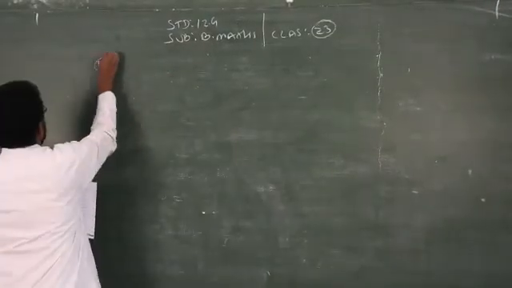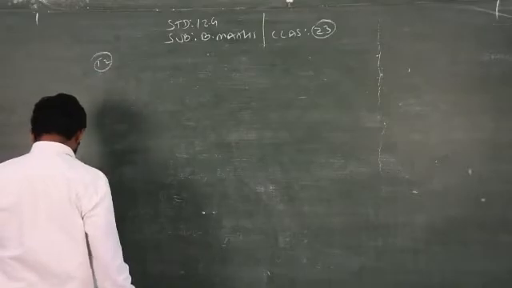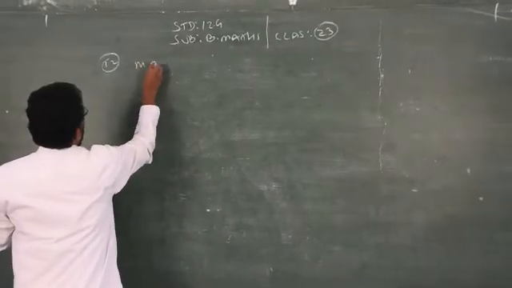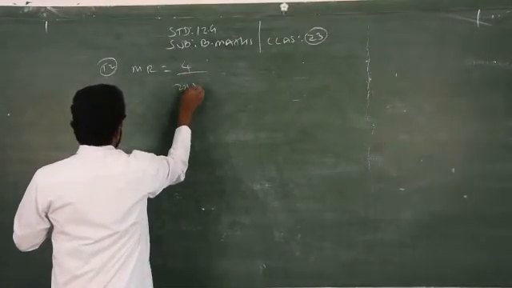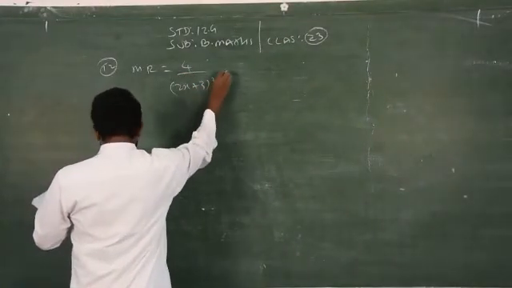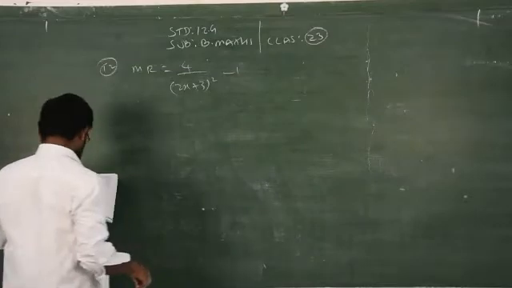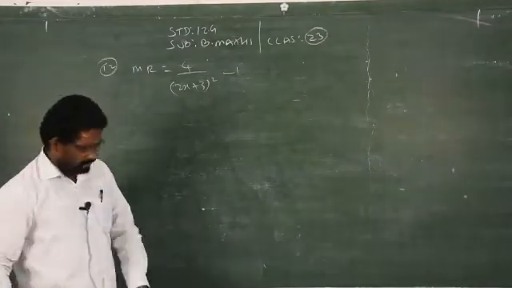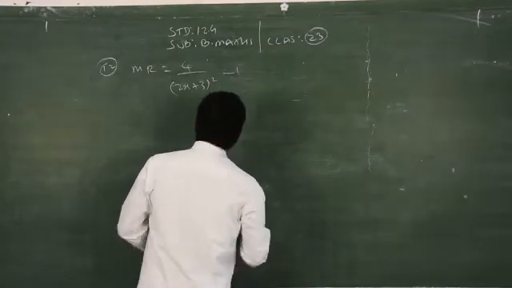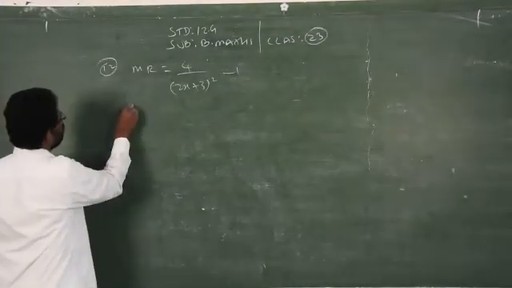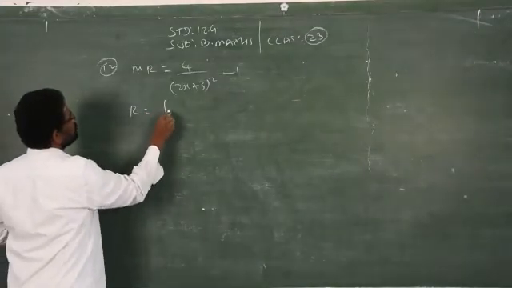Now it is given marginal revenue MR is equal to 4 by (2x plus 3) the whole square minus 1. You are asked to prove that under some conditions the demand function is equal to something, that we will see. Now, what is the formula to find revenue? Integration.